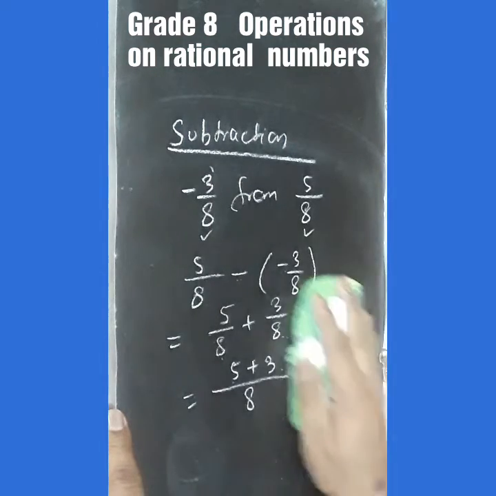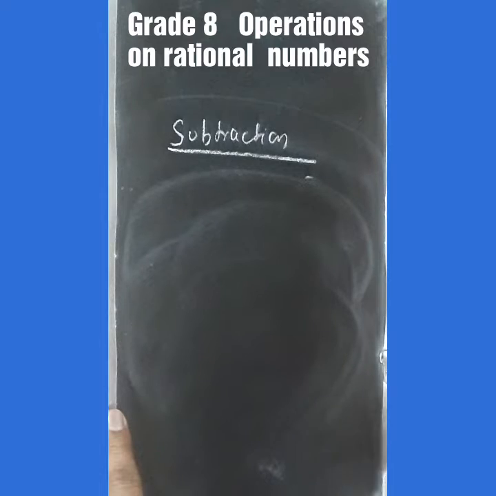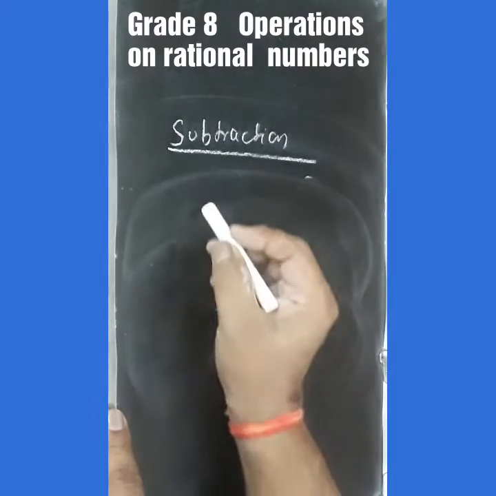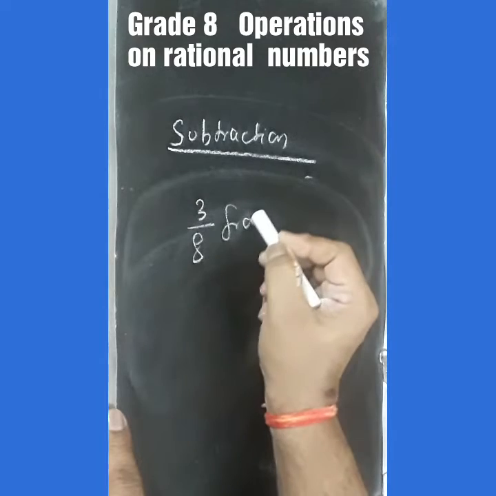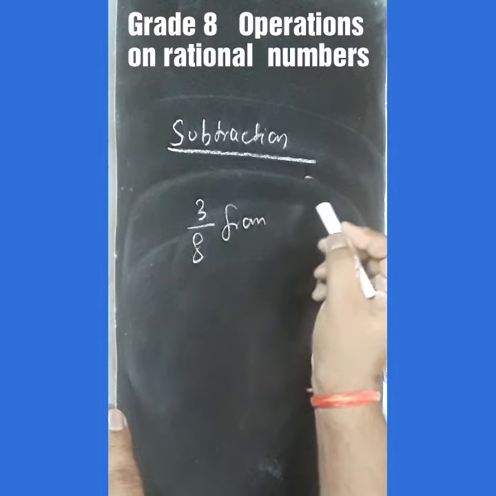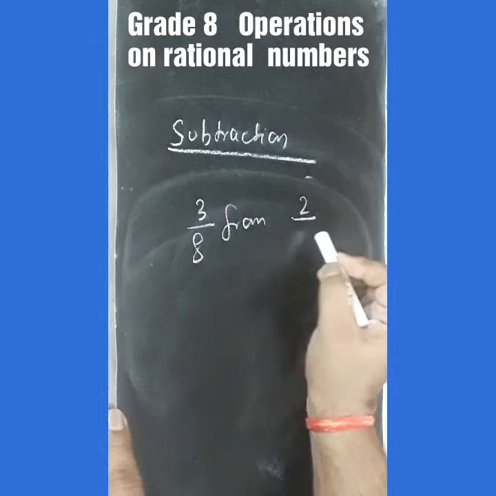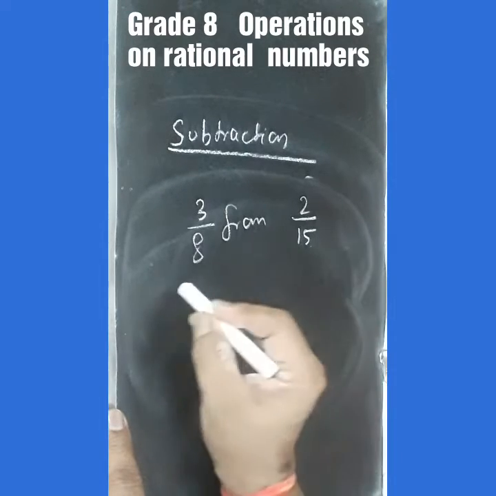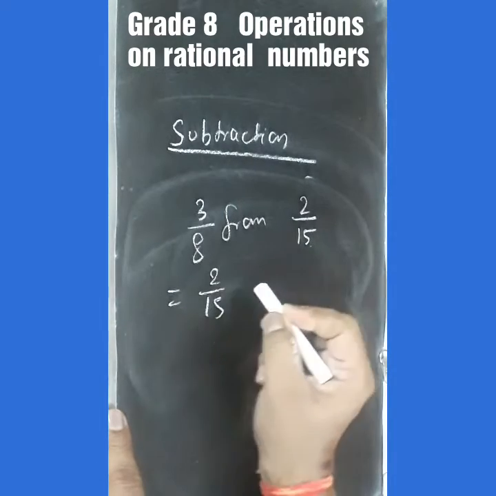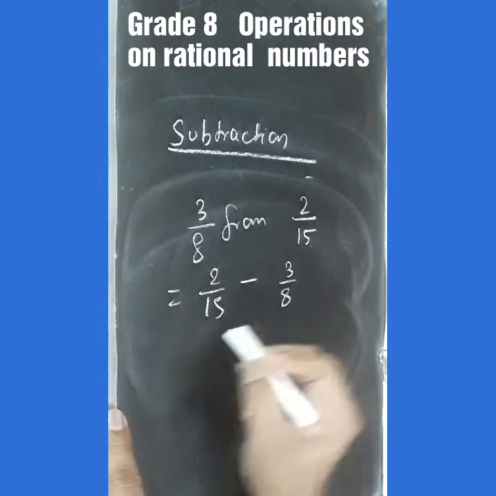Now we are taking another example with different denominators. Now we have to subtract 3 upon 8 from 2 upon 15. We will write this number first, 2 upon 15. We will write the minus sign, then we will write this number here.